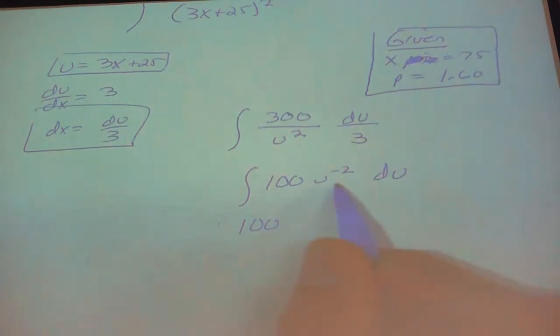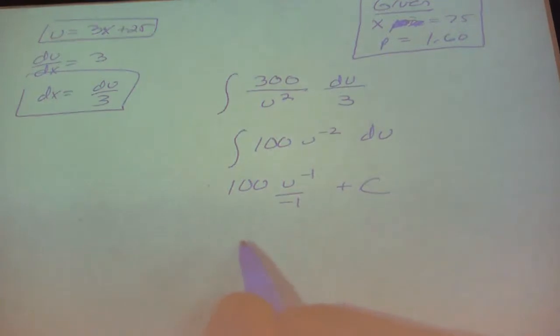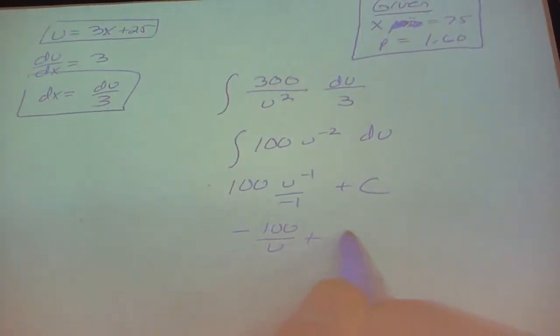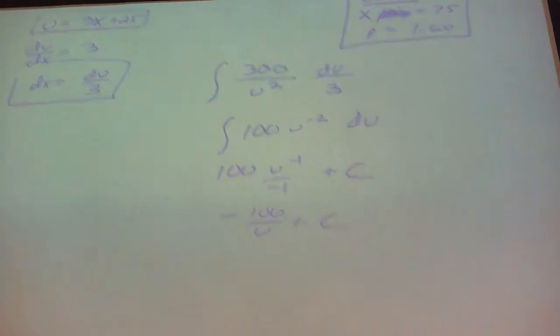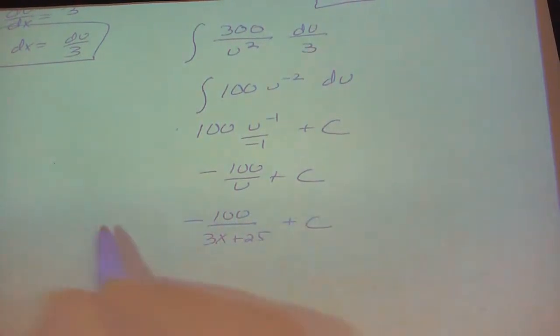Stays in front. What's the integral of u to the negative 2? u to the negative 1 divided by negative 1. Don't forget your plus c. This will leave me with negative 100 over u plus c, which would be negative 100 over 3x plus 25, plus c.